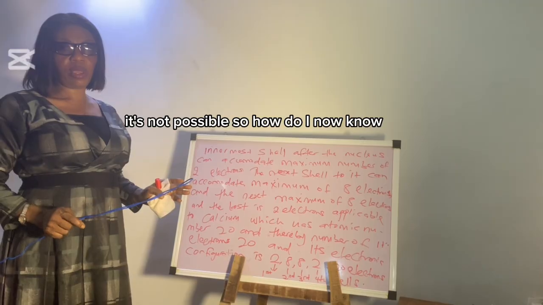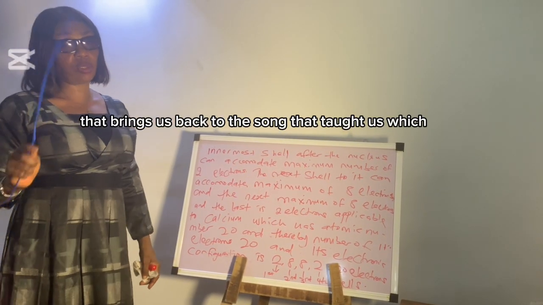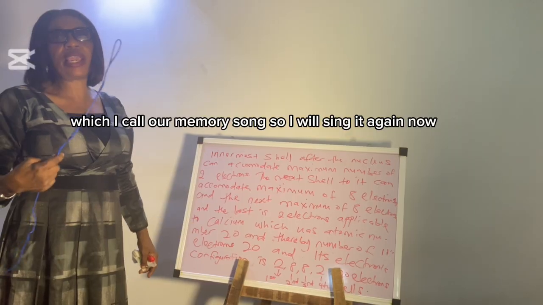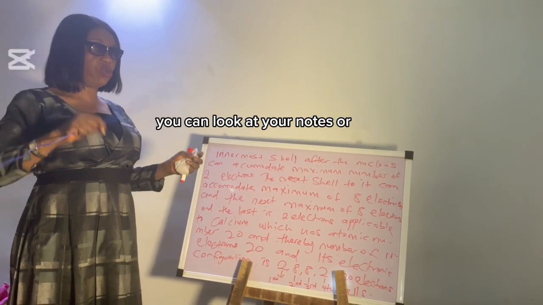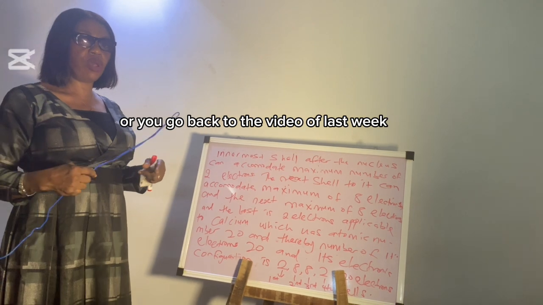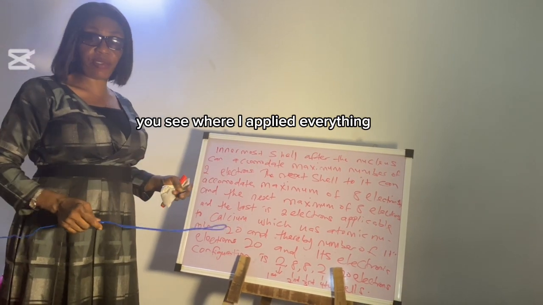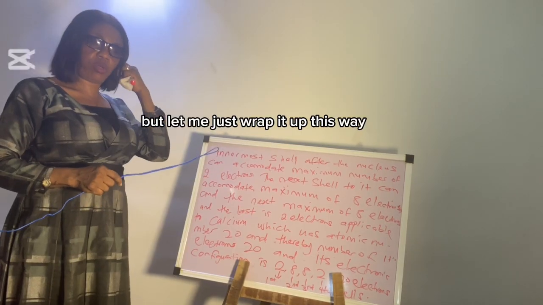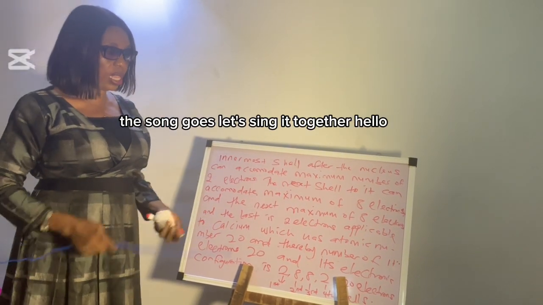It's not possible. So how do I now know? That brings us back to the song I taught us, which I call our memory song. So I will sing it again now. You can look at your notes, or you go back to the video of last week. You see where I applied everything. But let me just wrap it up this way. The song goes, let's sing it together.